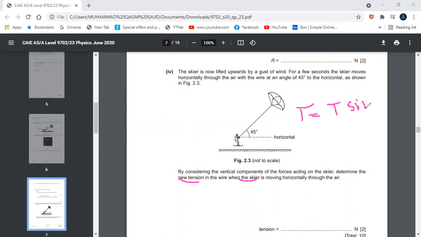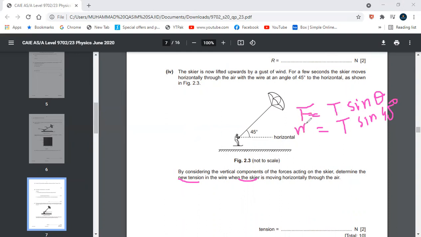So the value is T sine theta. So this must be T sine 45 degree. And this tension must be equal to the force applied.